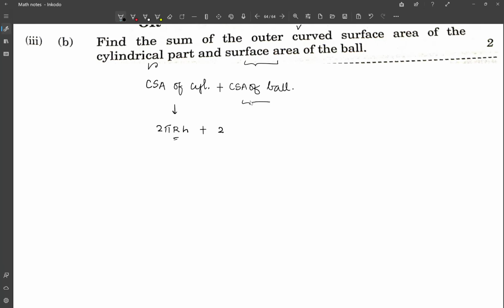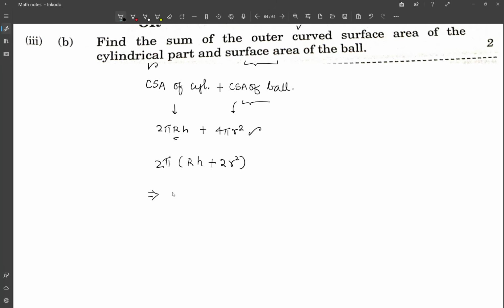So CSA of the ball would be 4 pi r square. I'm using the whole of 4 pi r square because no portion is cut from the surface area of the ball. We can take a pi common and a 2 common. What remains is r into h plus 2r square.